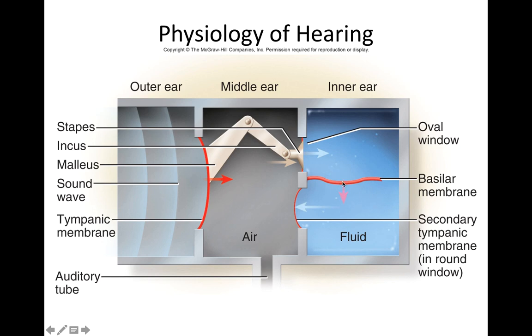The vibrating of the basilar membrane causes the hair cells to bend. They run into that tectorial membrane. Now, as that same energy comes through the basilar membrane, it's going to end up in the perilymph of the scala tympani, where it will travel in the opposite direction and eventually equalize at the round window. So there's your oval window, there's your round window.